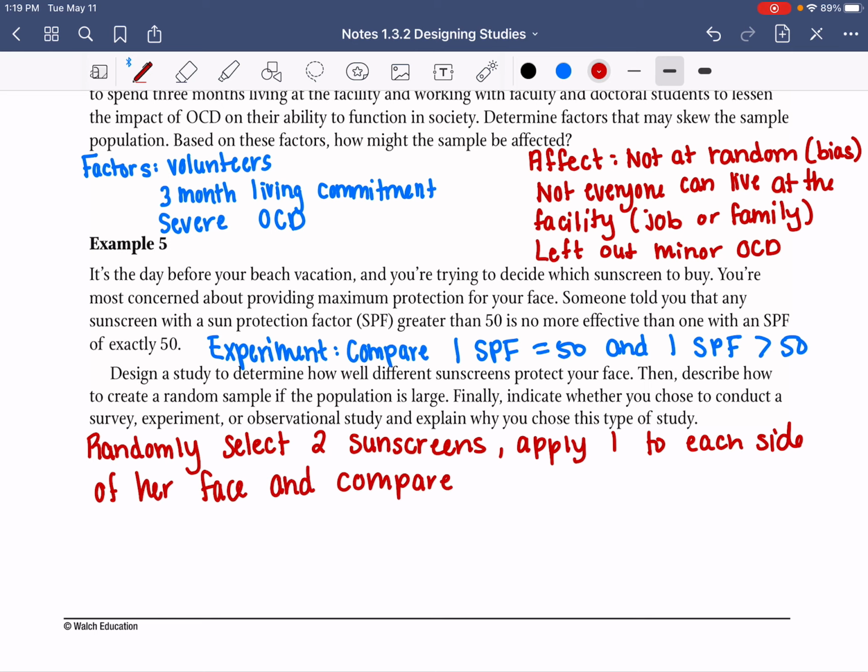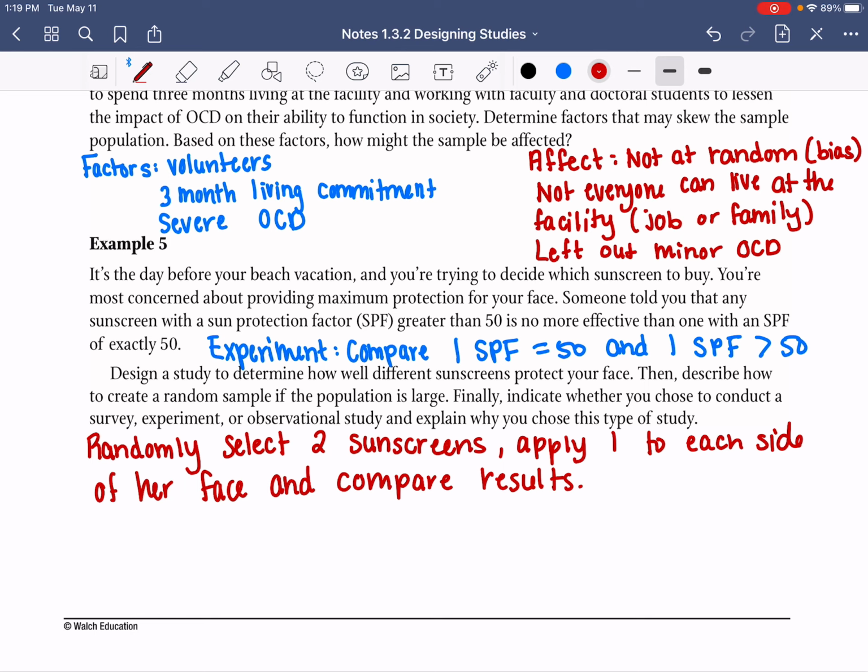And then we just compare the results. Did one side get burned? Did one side not get burned? There's different factors that could affect it, like did you lay evenly on both sides? Was one side more prone to the sun? Whatever it might be.